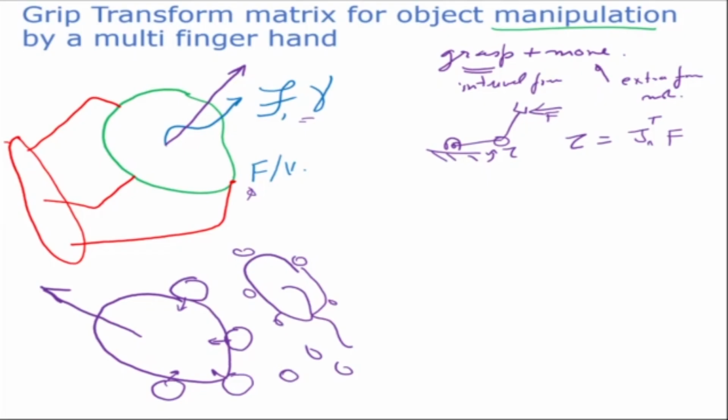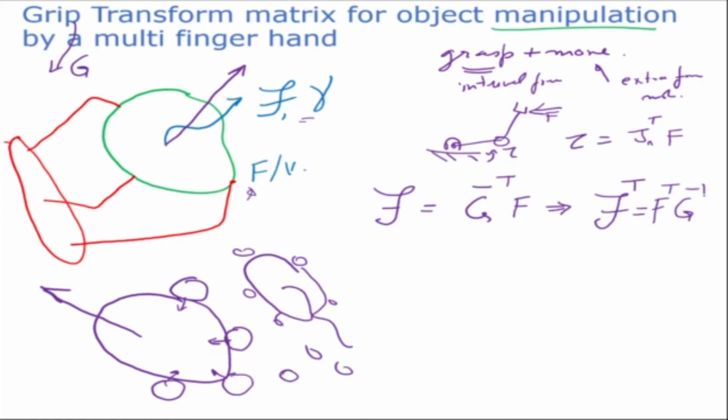Now the grip matrix basically gives us a relation between the fingertip forces and the forces the body center is subjected to. And if I can find that relation, then I know exactly how I can move the object in any particular direction. So we call the grip matrix G, and I write the body center forces F equal to G minus transpose into the fingertip forces f, which means that F transpose is equal to f transpose into G inverse.